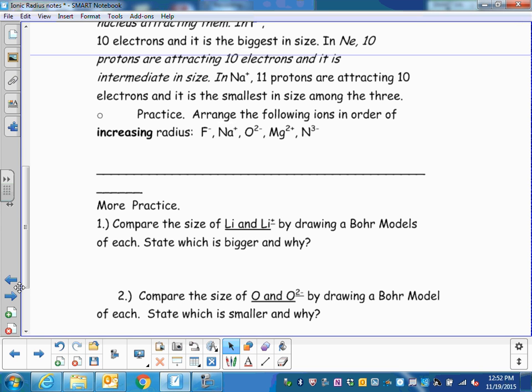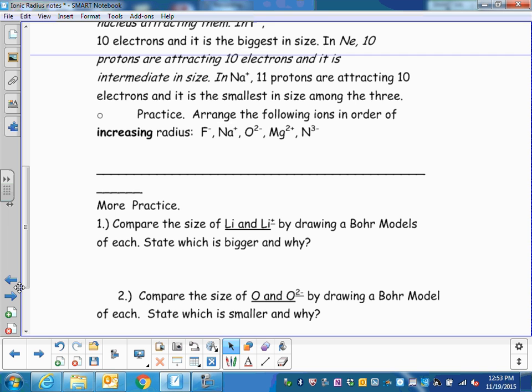Let's say I'm looking at neon. Which element will gain an electron and become similar to neon? Fluorine. Which element will gain 2 electrons and become similar to neon? Oxygen. Which element will lose an electron and become similar to neon? Sodium. Which element will lose 2 electrons and become similar to neon? Magnesium.